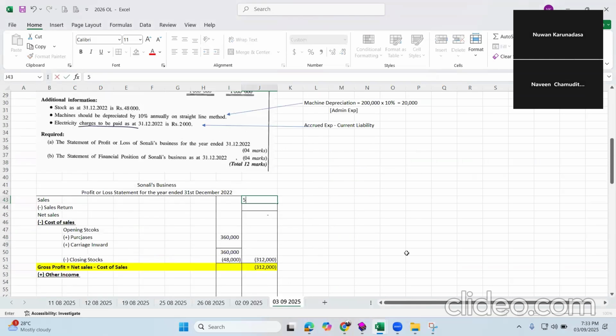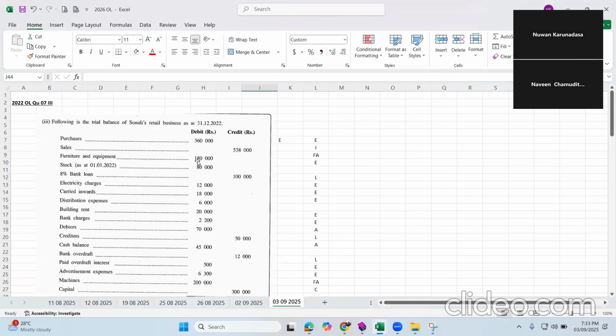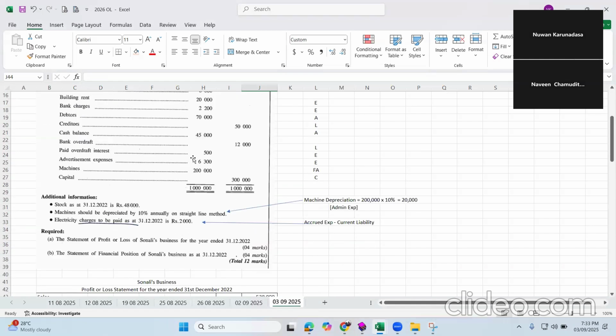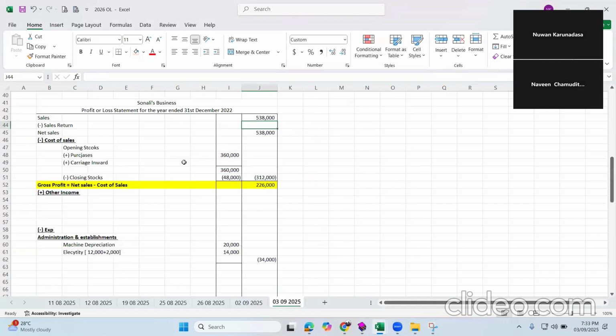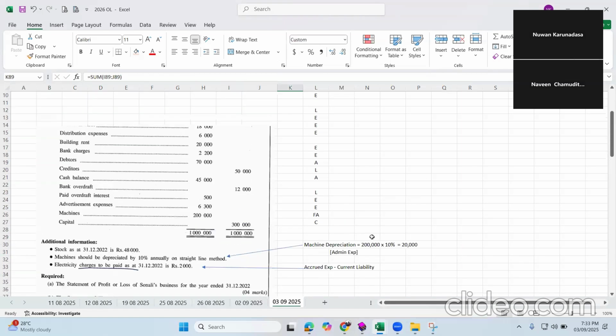Sales 538,000. Purchases done, sales done. Furniture and equipment, again a fixed asset, 180,000. Here, furniture and equipment, cost 180,000. No accumulated depreciation. Net book value is 180,000.